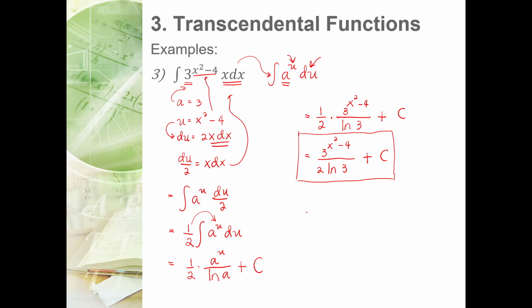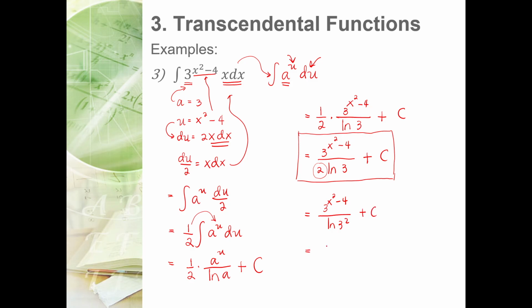Or if you want another version of the answer, di ba, the coefficient in log functions is the exponent of the term here, di ba? So it could also be presented in this manner: 3 to the power of x squared minus 4 all over ln 3 squared plus c.